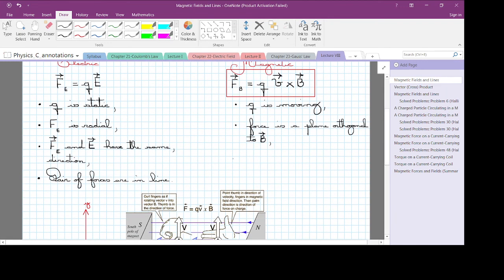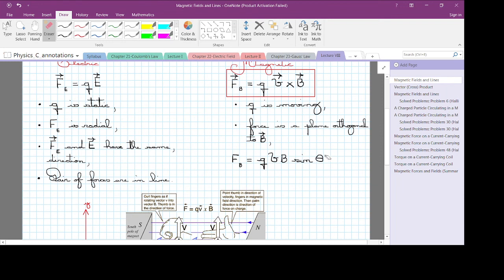We learn that the magnetic force is the product of the charge, the magnitude of velocity, the magnitude of the magnetic field, times the sine of the angle between them.